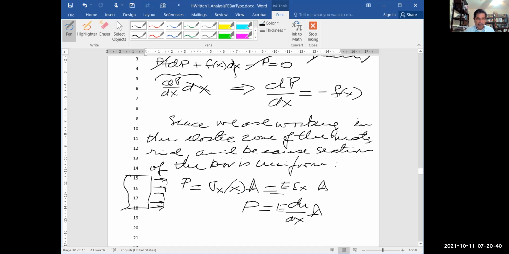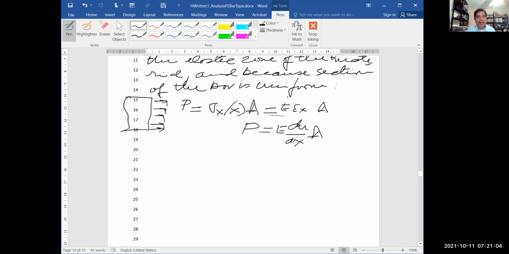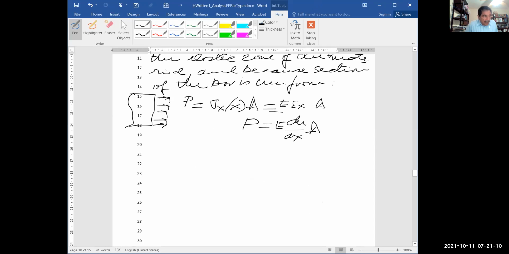That extra information is Hooke's law and the assumption that the section is uniform, and we can assume that the stress is uniform on the section. So if we replace this into here, we can deduce a second-order differential equation, which can be applied when we want to analyze bar problems, determinate and indeterminate cases.